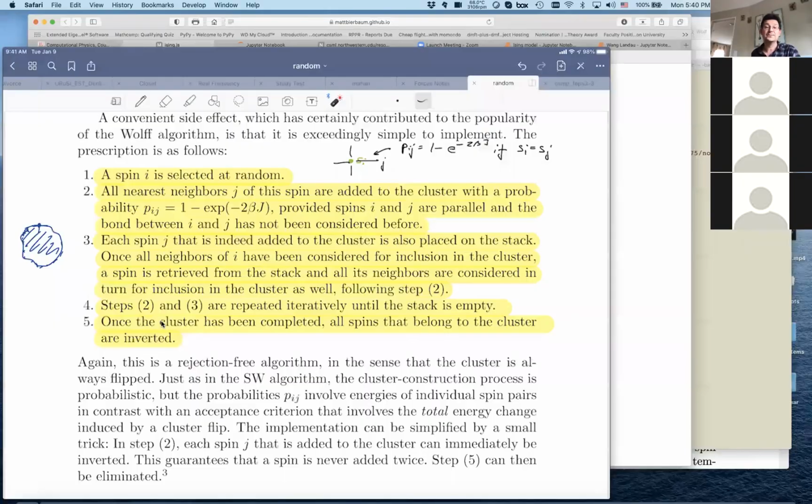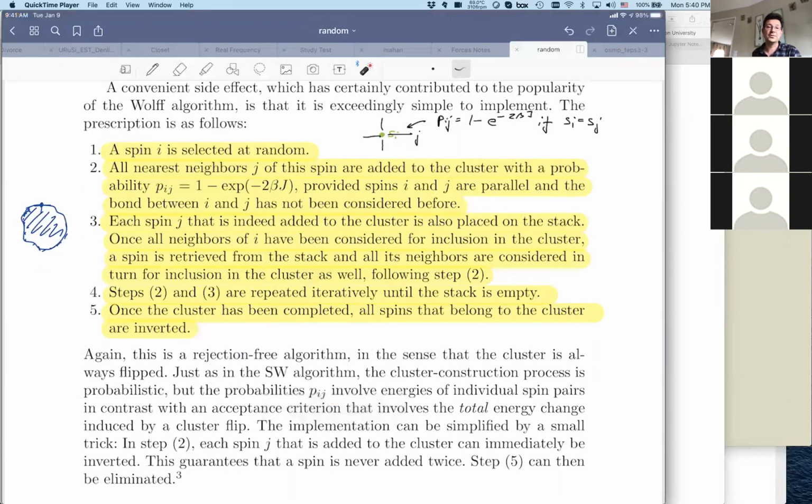Unfortunately, I'm not going to prove to you that this algorithm leads to the Boltzmann distribution in the Markov chain, because in order for the simulation to produce proper thermodynamics, we need to make sure that the Markov chain has the Boltzmann distribution.